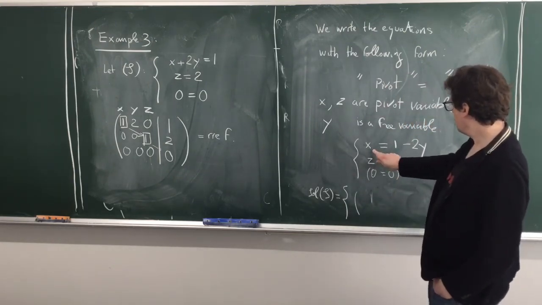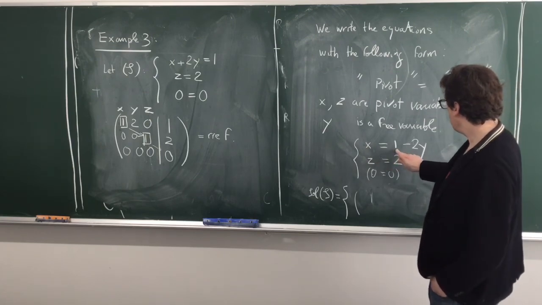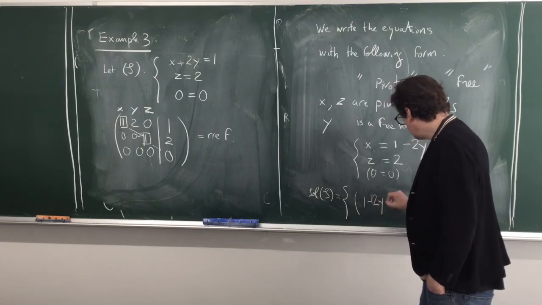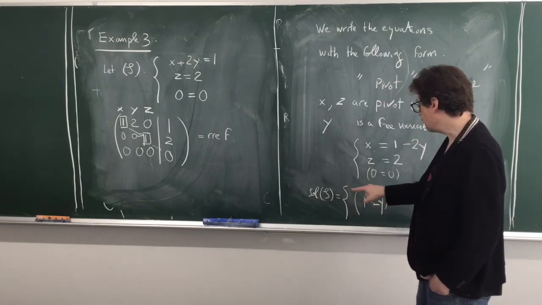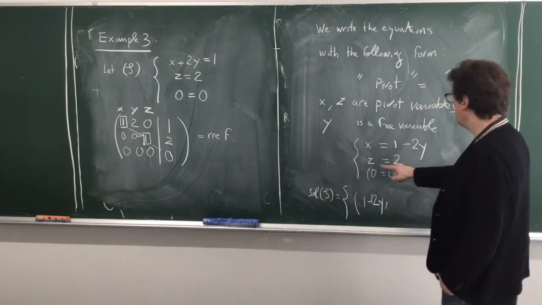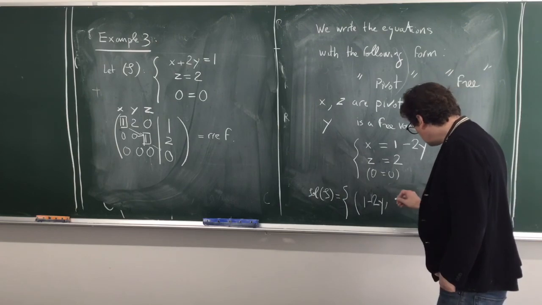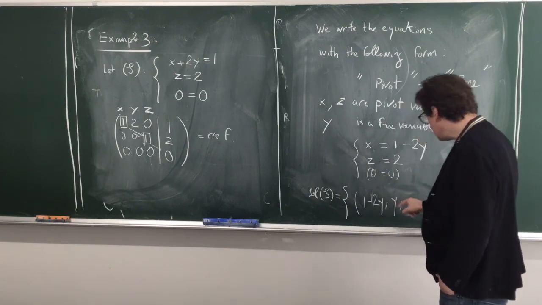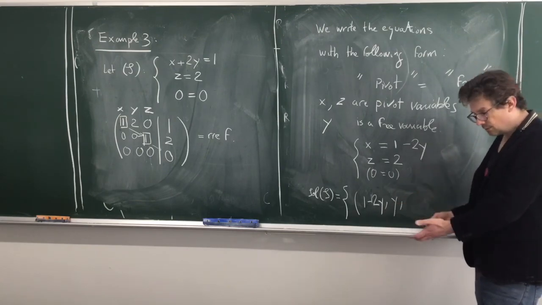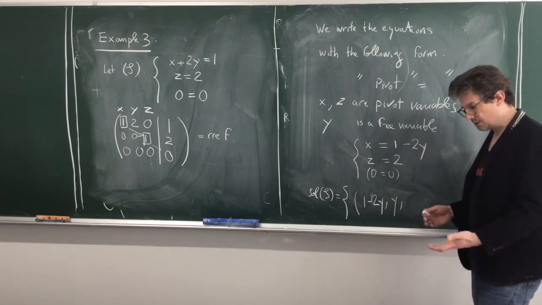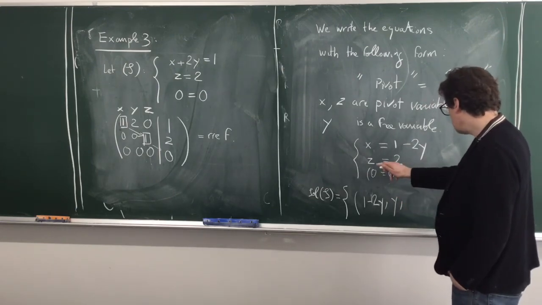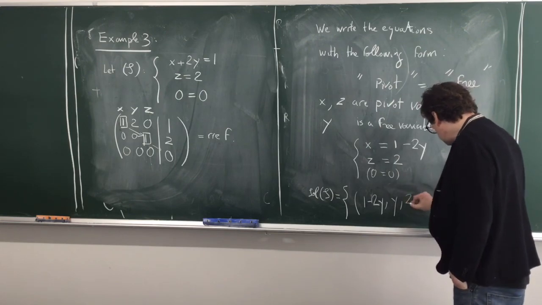The first one will be 1 minus 2y. So I write the coordinates of the solution vectors in terms of the free variable. This is the key. Now, y is free. What does it mean? Free means that it can be anything. So I write the free variable as it is. Sometimes you will have several free variables, but you will write them as they are. And the last one, z equals 2, so this will be 2.